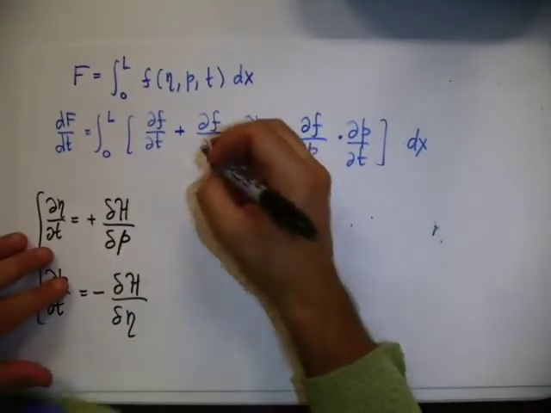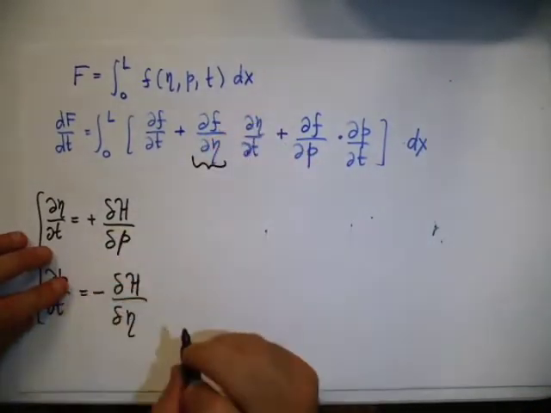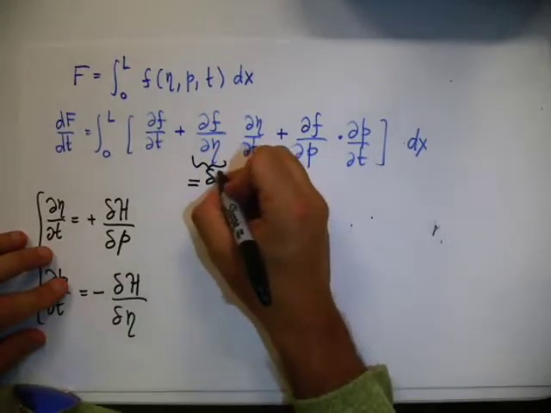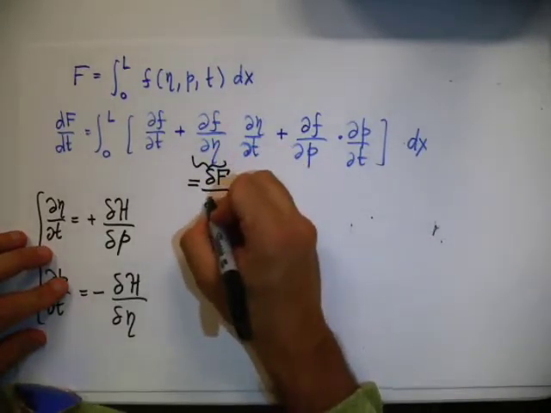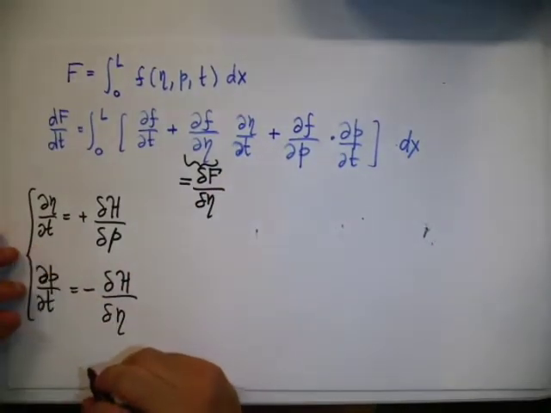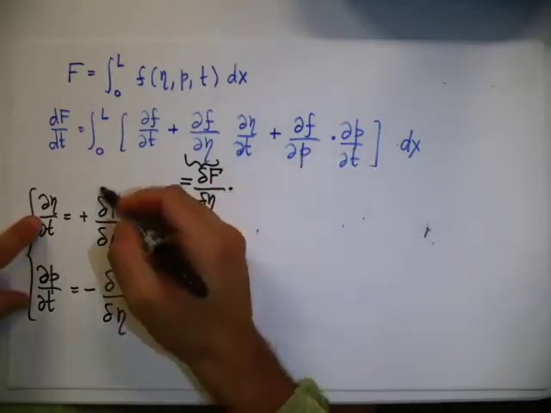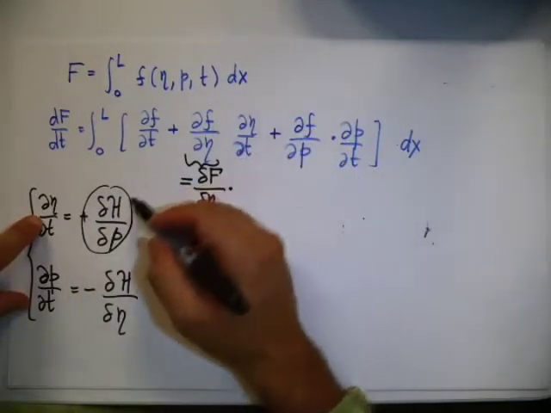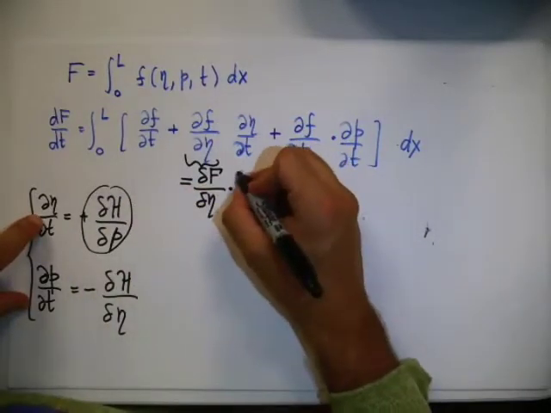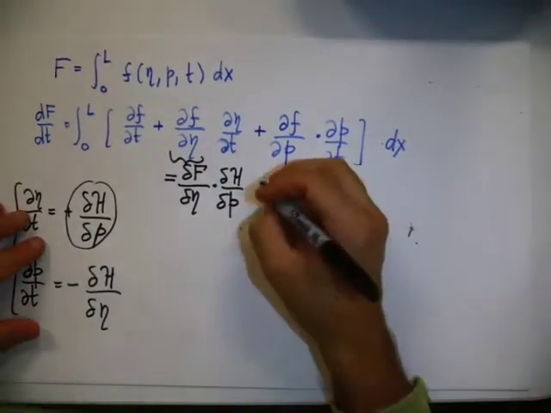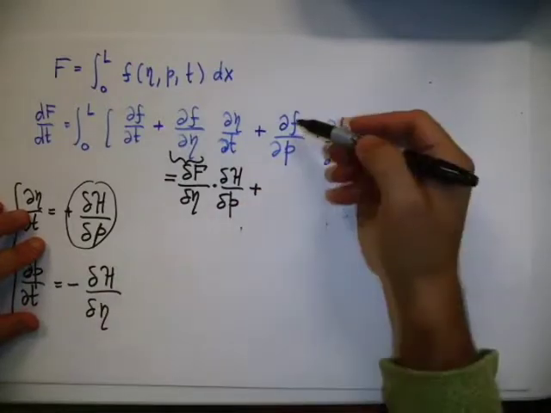Now, this I can write as the variational derivative of capital F with respect to eta times the partial of H with respect to p, plus the derivative of f with respect to p, small f.